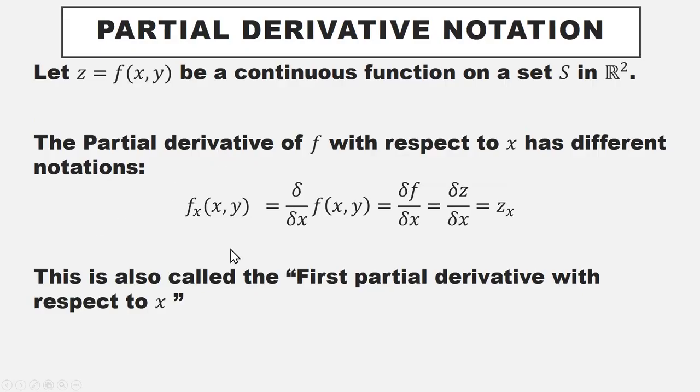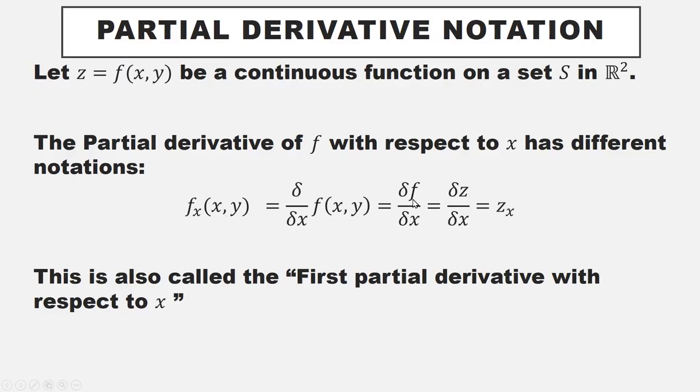Okay, but you may see some other notations as well. You may see f sub x of x y. You may see this, delta over delta x of my function. That also symbolizes the partial derivative with respect to x. Sometimes you'll see d over dx instead of delta over delta x.